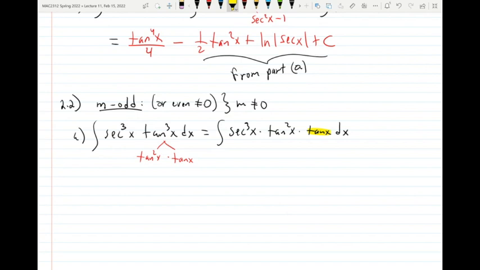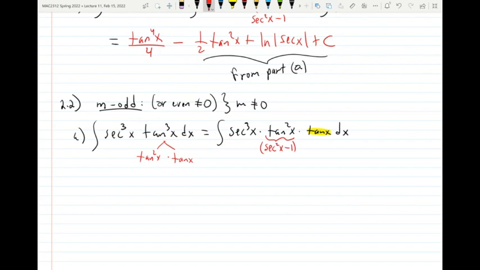Now, the remaining tangent is even now. Notice that if it was to the fifth, again, you take one tangent only, then you have to the fourth. That you can turn into secants entirely by squaring and using the identity. So the idea is that whatever tangent is left, turn it into secants. So we can do this as secant squared minus 1.